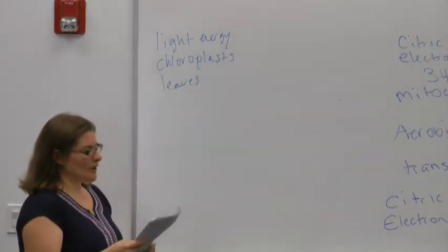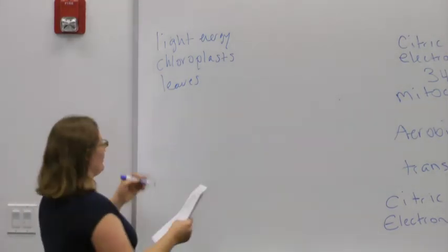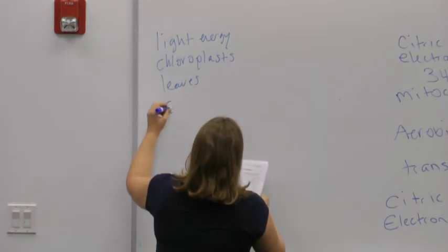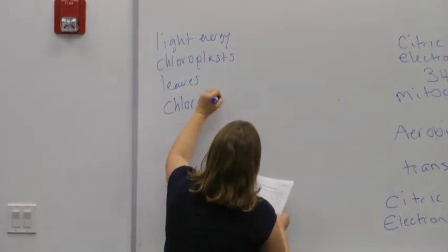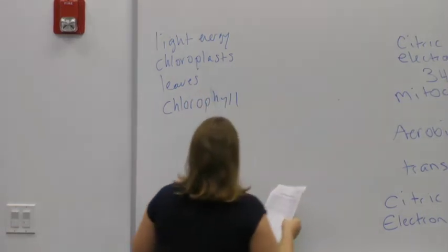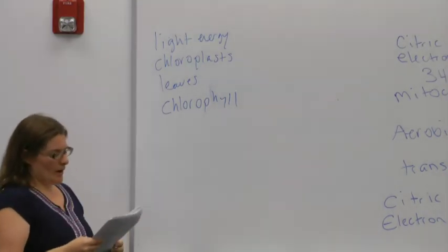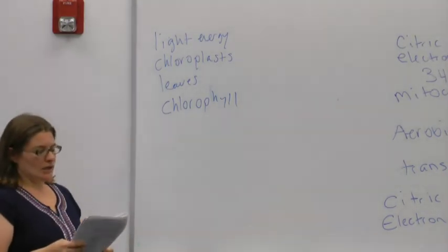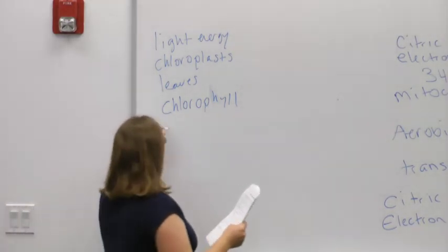The green pigment in the chloroplast, called chlorophyll, traps light energy. All right, this light energy is changed into glucose and stored.